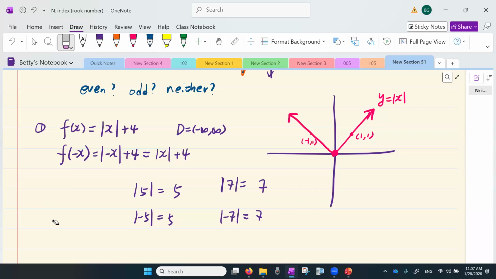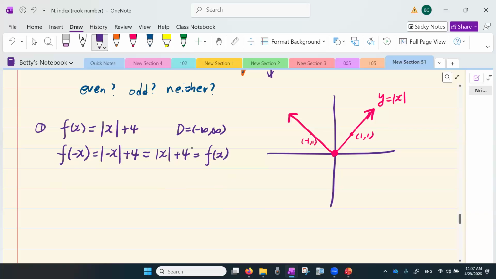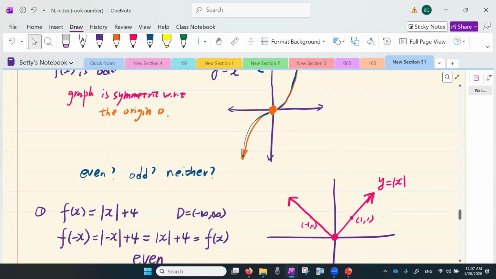Yes, it makes sense. Okay, thank you for your response. So it'll be even, with a vertical shift of 4. Yes, it is even, and this has nothing to do with the transformation. You're right, you mentioned that. So this is the parent function, and our function is like this.